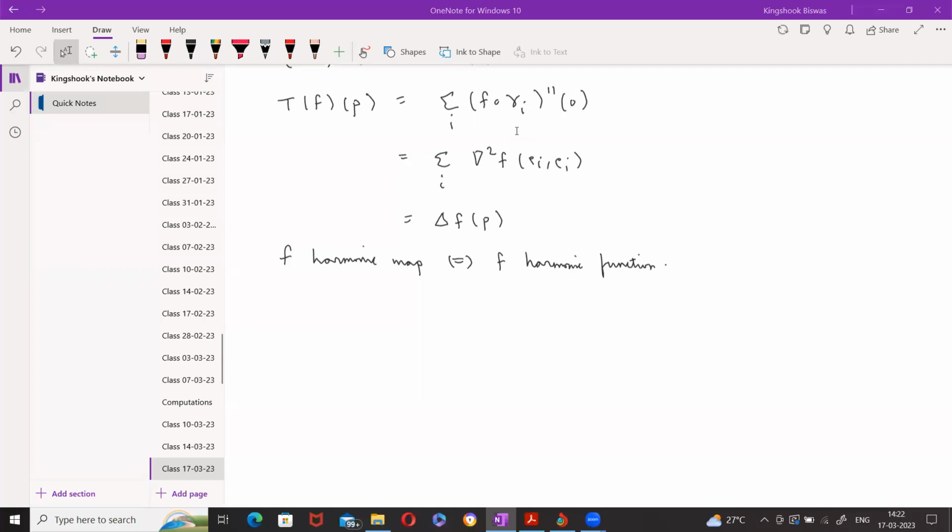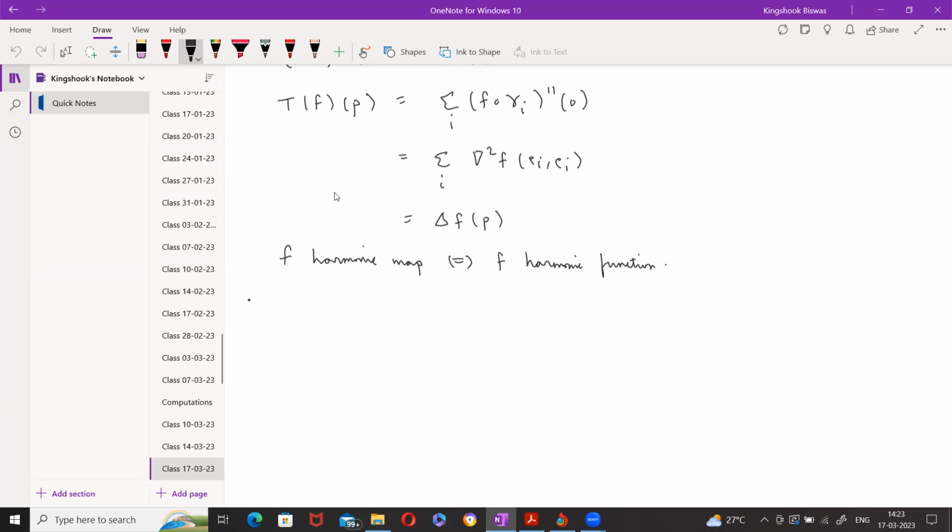All right. What we're going to look at today is the Bochner-Weitzenböck formula, which is a formula for the Laplacian of the energy density of a harmonic map. Well, actually of any smooth map.